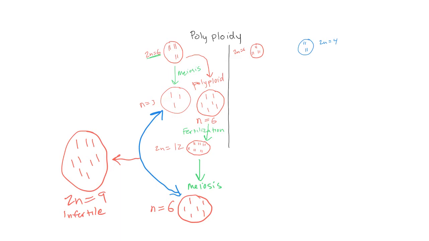So this line to the right would be our autopolyploid. It's now a different species, so this would be species 2, this is species 1, our original species. They cannot make fertile offspring. Generally this happens in plants, so animals don't have polyploidy events as often as plants would.